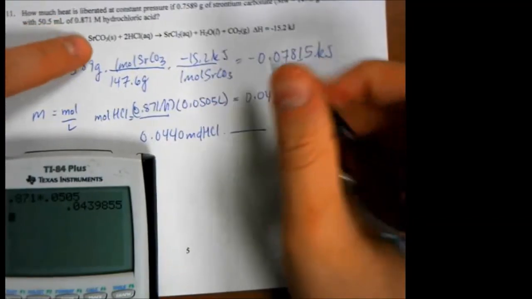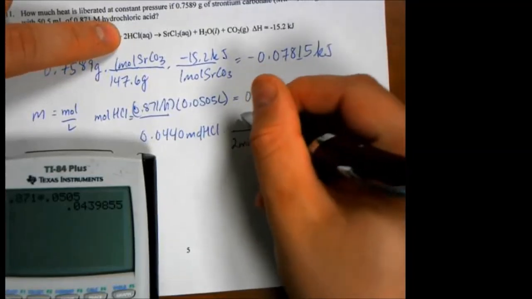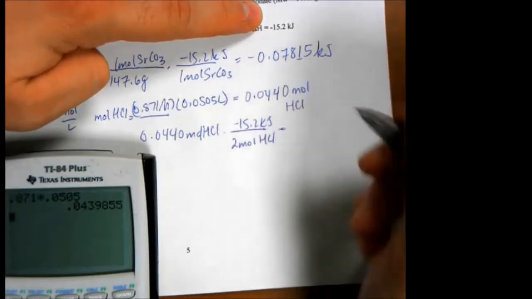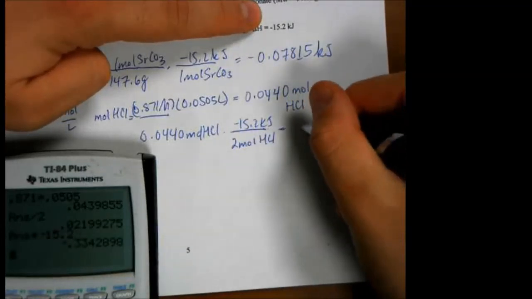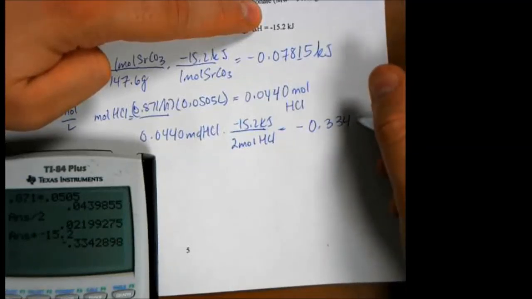And now we have to do some stoichiometry. So for every 2 moles of HCl, we get minus 15.2 kilojoules. So in this case, we're going to divide this by 2 and then multiply by negative 15.2. So I get minus 0.334 kilojoules.